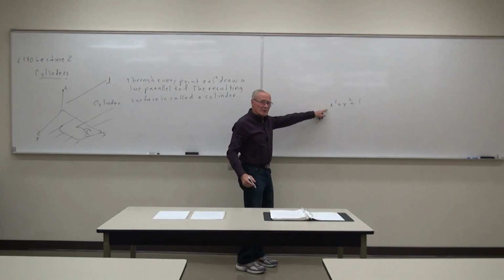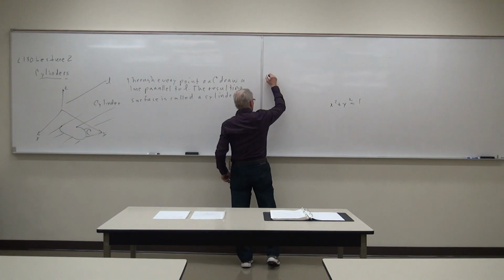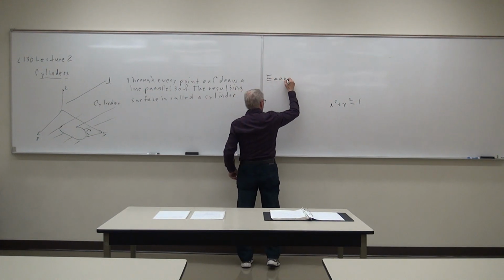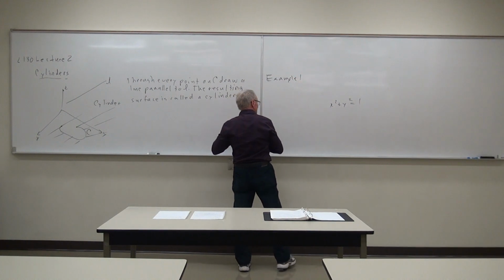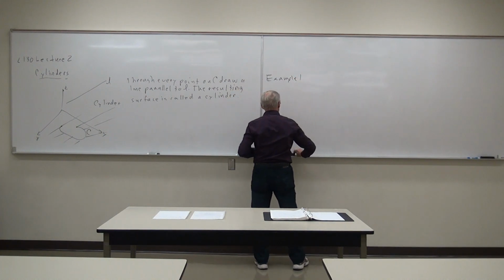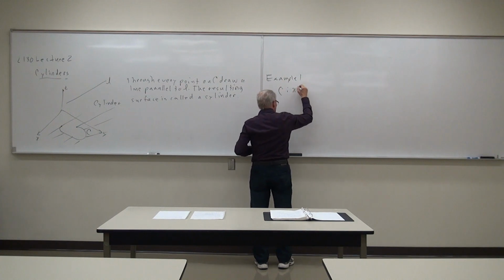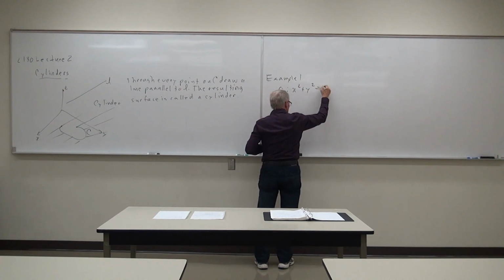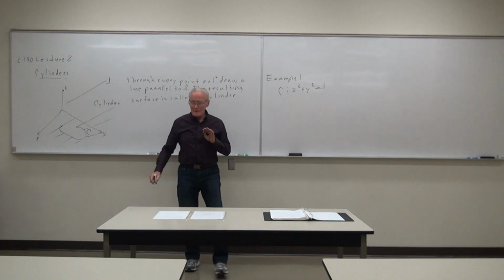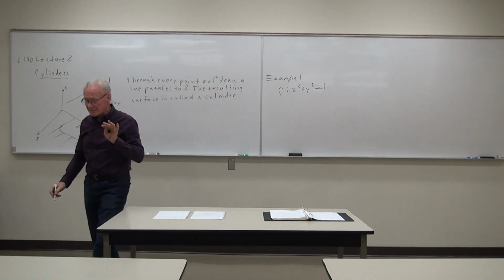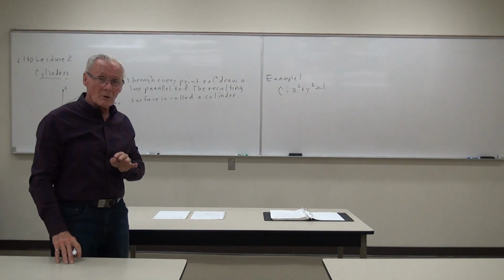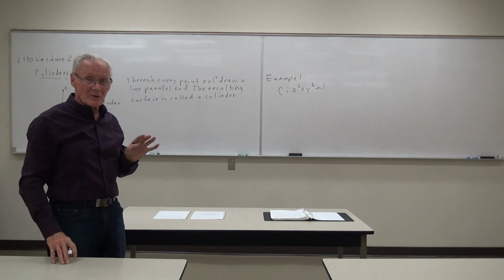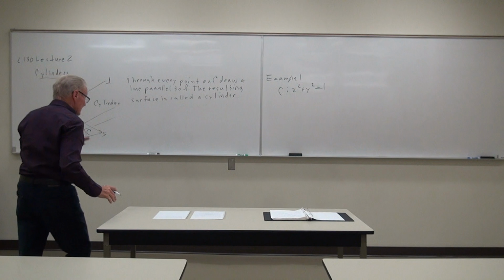So if we took this one, example 1, we took that curve in the xy plane, curve C. If I write that C is defined by x squared plus y squared equal 1, you'd have to say, hey, no, that's not a curve, that's a cylinder.